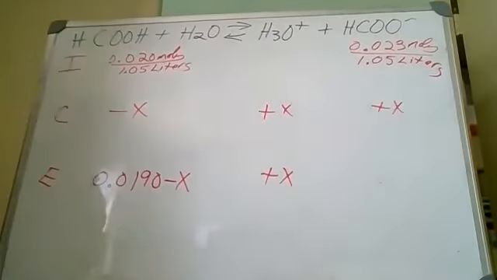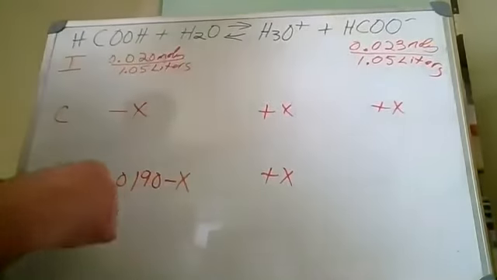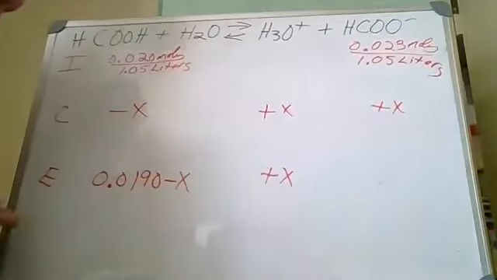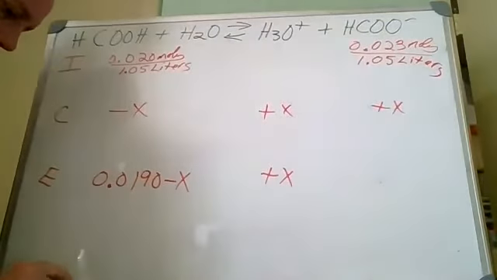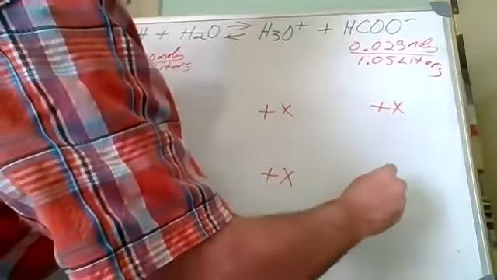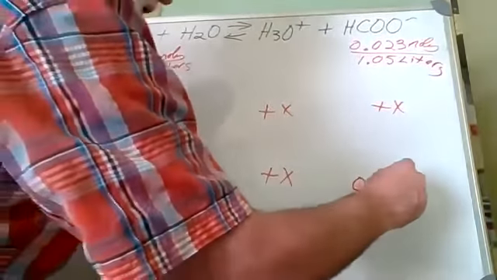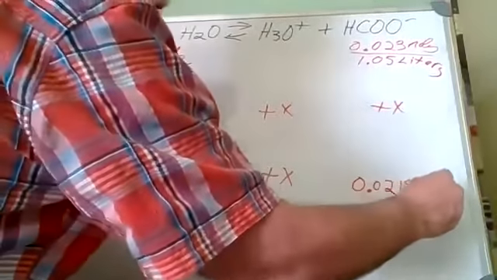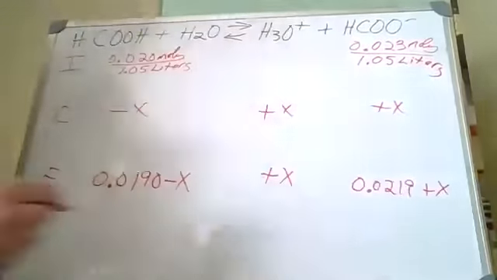And this will be 0.023 divided by 1.05 equals 0.0219 plus X.